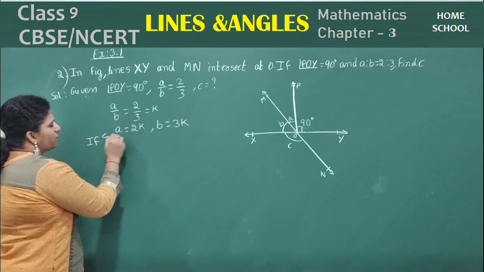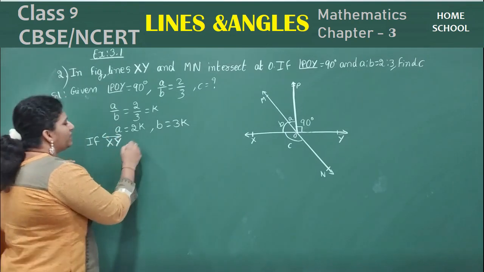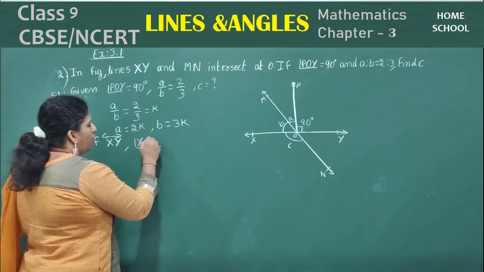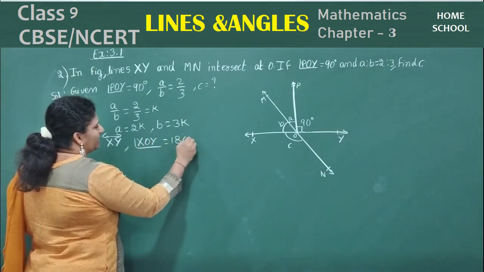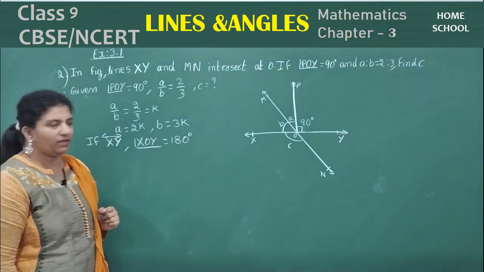So finally what I need to say, if XY is a straight line, right? So what I can say, the angle XOY is equal to 180 degrees. Angle XOY is equal to 180.